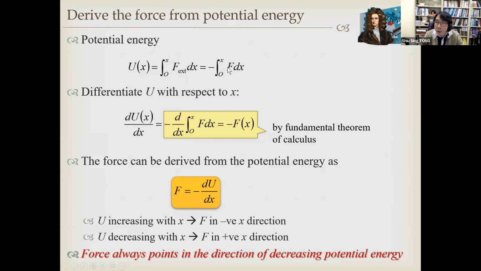Now this is our definition for the potential energy. U depends on the conservative force by the integral, integrating from the reference position to the final destination, but with a minus sign. Now let us differentiate the equation with respect to x. You notice that the derivative with respect to x actually acts on the upper limit.